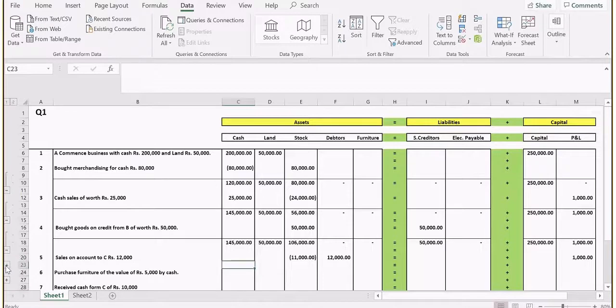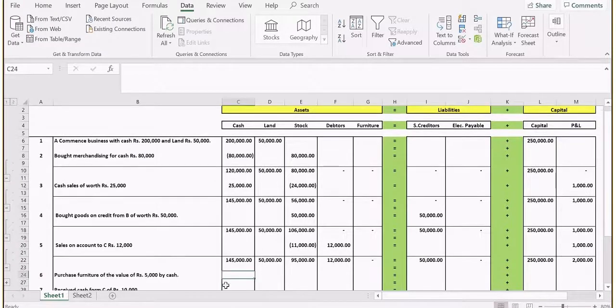Now at this point in time, what is the cumulative balance? Again, the cash is 1,45,000, land is 50,000, stock is now 95,000, debtors, which is a new item, 12,000. On the right hand side, liability is 50,000, and capital is 2,50,000, and the profit is 2,000.